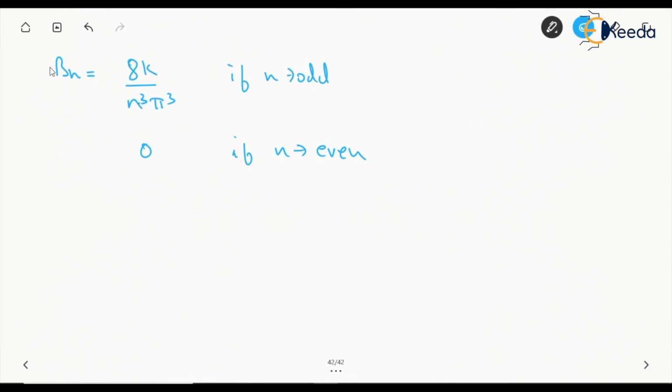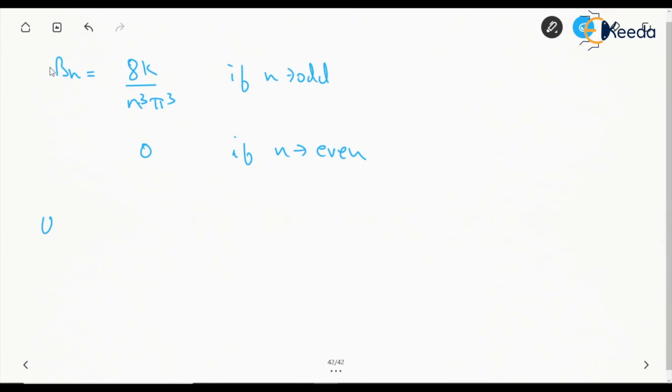So this bn is going to be 8k by n cube pi cube if n is odd, or 0 if n is even. So we are going to get this coefficient bn from the usual method we have done in the Fourier series, or you can simply integrate this for the limits given, then also you'll get it like that.